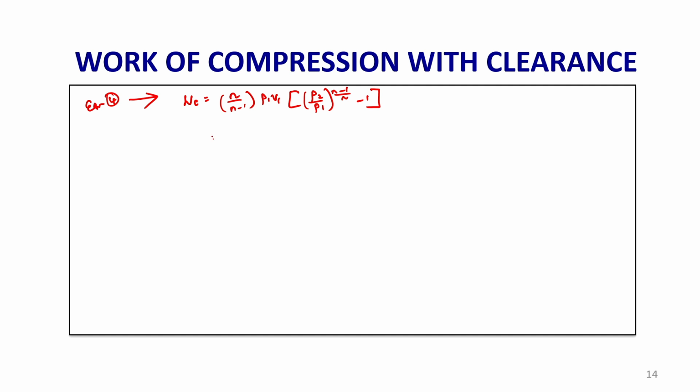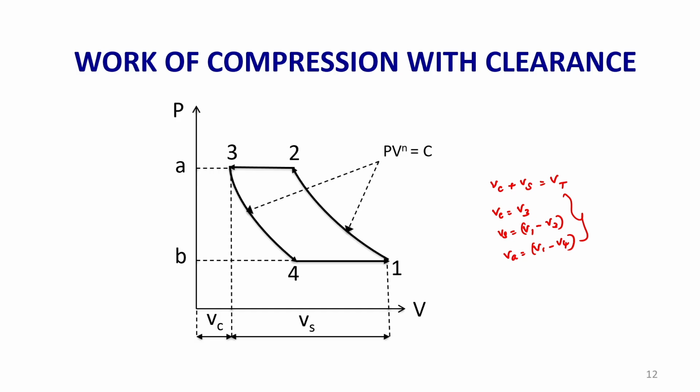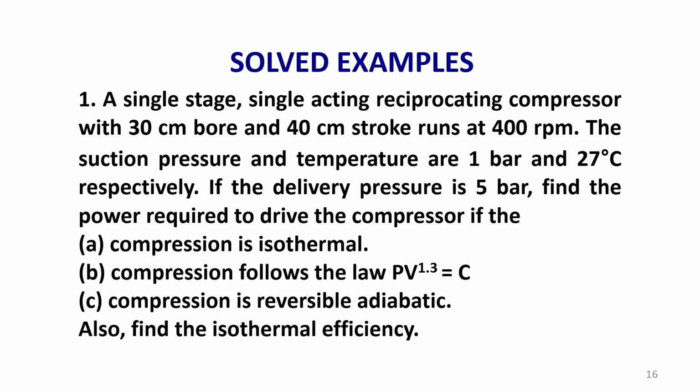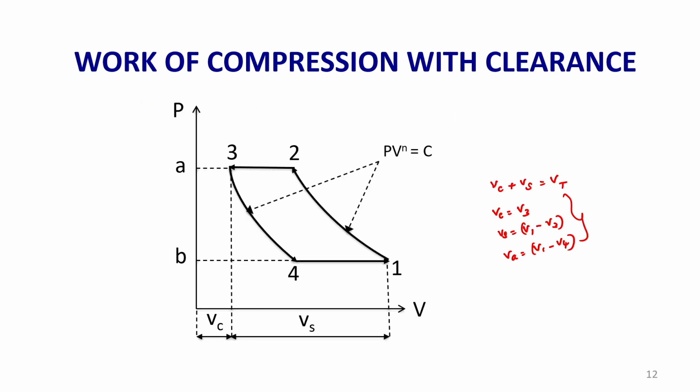Now, I am going to write the work of compression for the reciprocating air compressor considering the clearance volume, again taking this portion 2 A B 1. So, n by n minus 1 P1 V1 into P2 by P1 power, this is from equation number 4, minus this portion.